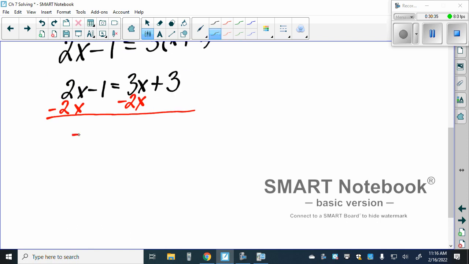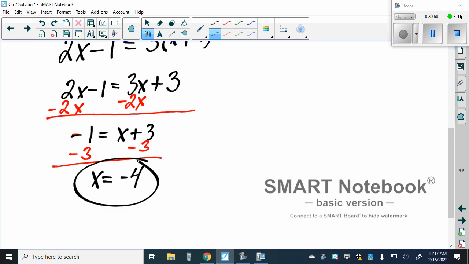Which will tell us that -1. Yeah, you can do both of them. Because we could have done the subtracting of 2x and the subtracting of 3 all at once, telling me that x is equal to -4 and gotten the answer. And I was actually going to, that's not bad, no, that's fine.